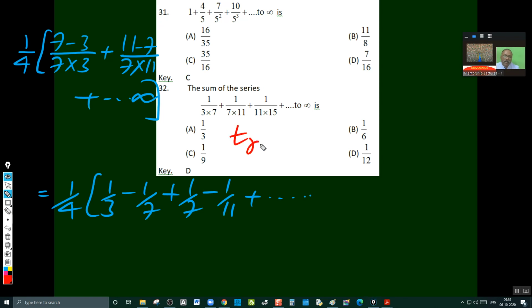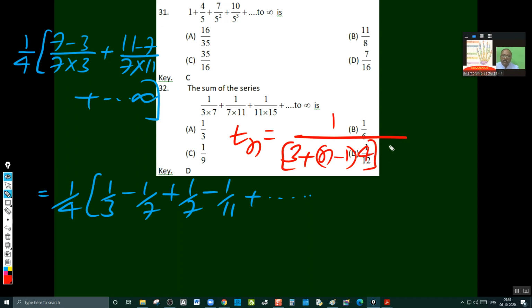If you write Tn, 1 upon the general term, 3 plus n minus 1 into 4, that is the first term. And the second term is 7 plus n minus 1 into 4. So what do you get here? 4n minus 1, and it is 4n minus 3 and 4n plus 3. 4n minus 1, 4n plus 3.